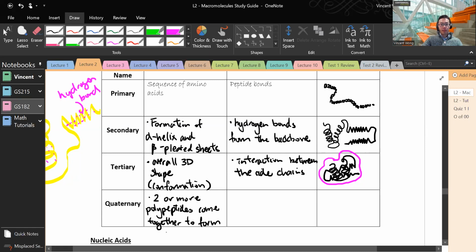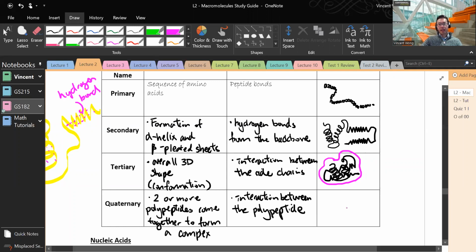To form a complex. And what holds them together would be the interaction between each of the polypeptides.